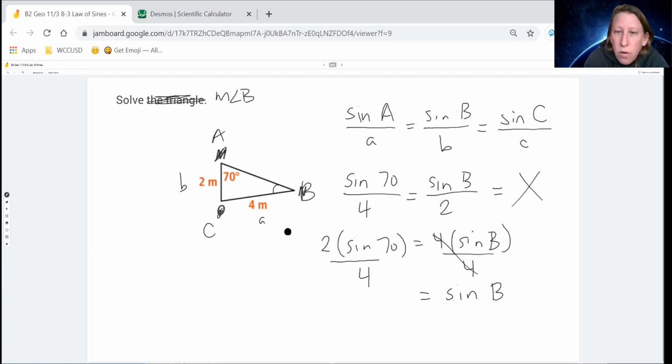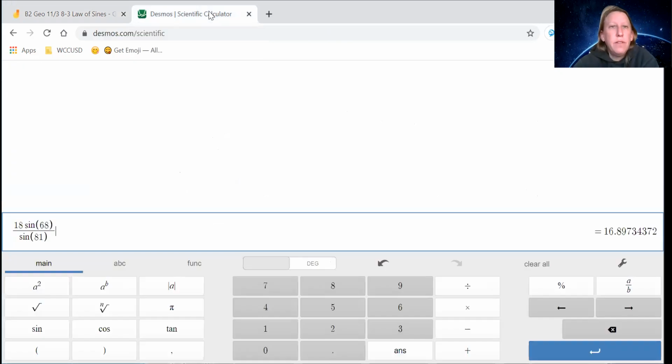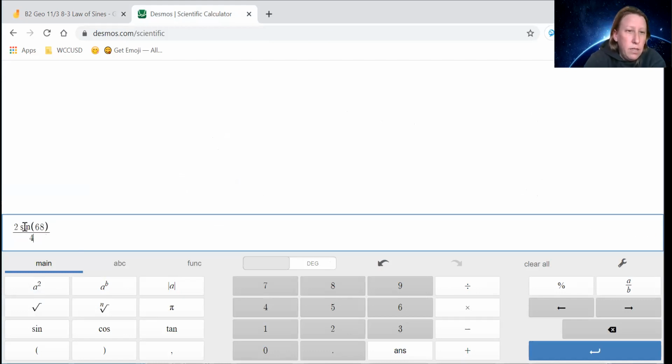Okay, how am I going to do this? I'm going to figure out what this is as a decimal, so I'm going to type this into a calculator. 2 times the sine of 70 divided by 4. Well, that's actually half the sine of 70 times 2.